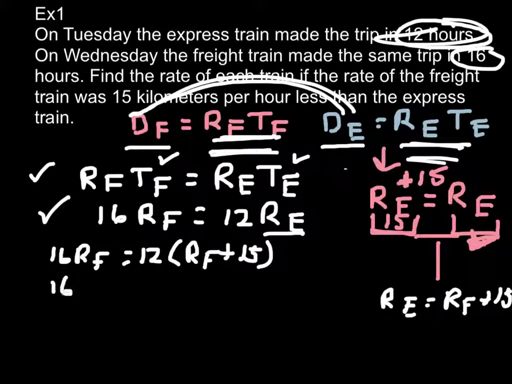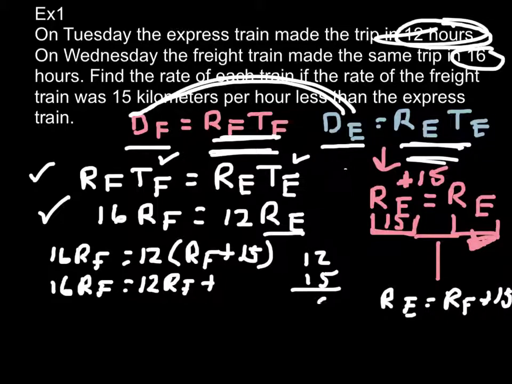So 16 RF equals 12 RF plus 12 times 15, and we'll calculate this out. What do I get here? 180.